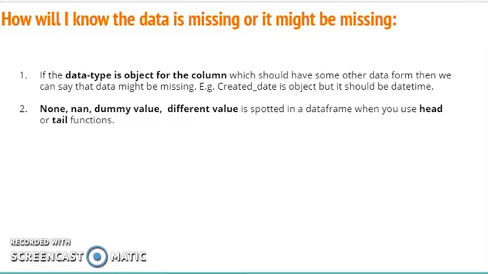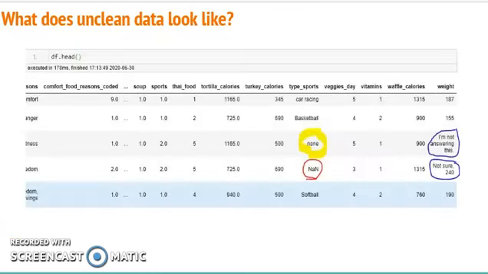The second point is when you use the head and the tail function and you spot None values, NaN values, dummy values, or different values, if you find something fishy in those 5 rows, then you can say that the data is missing. Moving to the next slide.